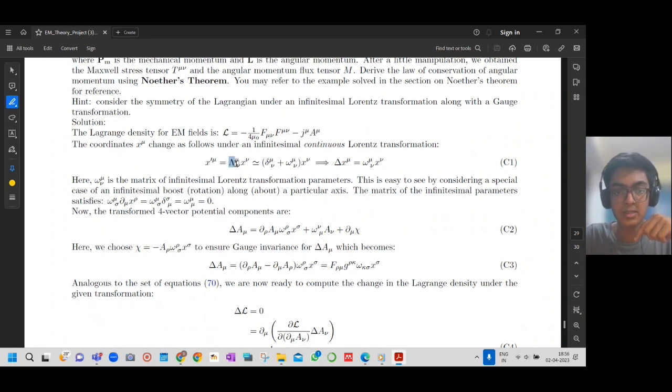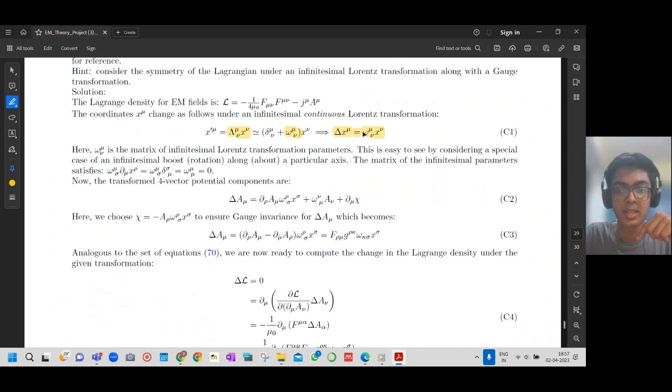The Lorentz transformation matrix can be approximated to be identity plus an infinitesimal antisymmetric matrix omega mu nu, which has the parameters of the transformation. This is arbitrary, but each element is much smaller than 1. So delta x, the change in x, is given as follows. A similar analysis and a Taylor expansion in the coordinates gives us this expression for the change in A mu.